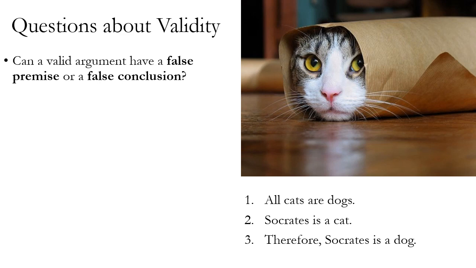If you know an argument is valid, but you also know the conclusion is false, then you also know that at least one of its premises is false. Because otherwise, if it's valid, the conclusion would have to be true. In this case, suppose it is true that this cat is named Socrates. Even though that premise is true, because premise 1 is false, that makes it possible for the conclusion to also be false.